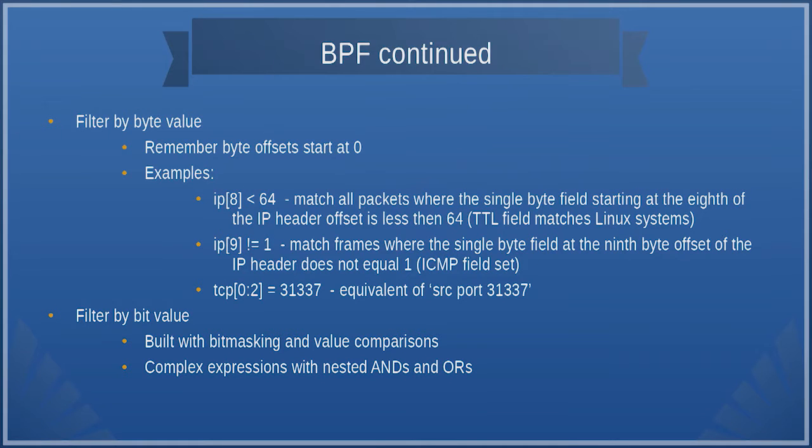So, Berkeley Packet Filter allows you to address each of these words, bytes, down to the bit level. For example, it says tcp[0:2] = 31337, it says that the source port is 31337. So, find out what this tcp[0:2] is. It says 0 and 1. What is 0, 1 and 2? What does it mean?